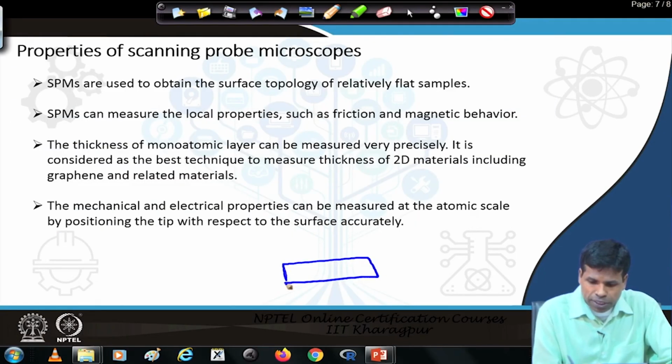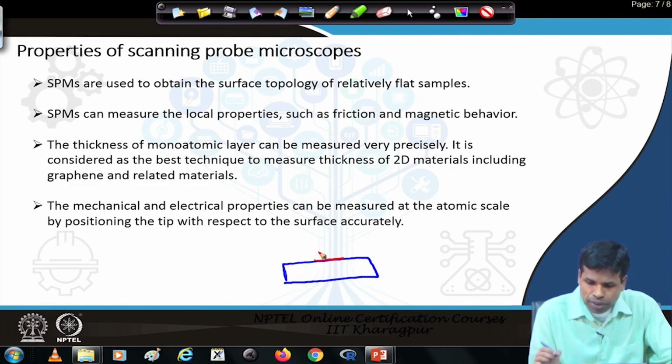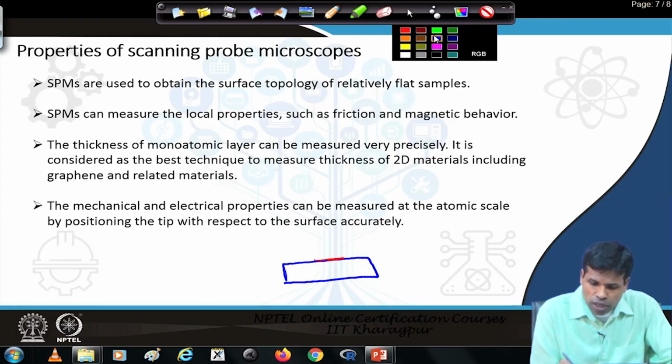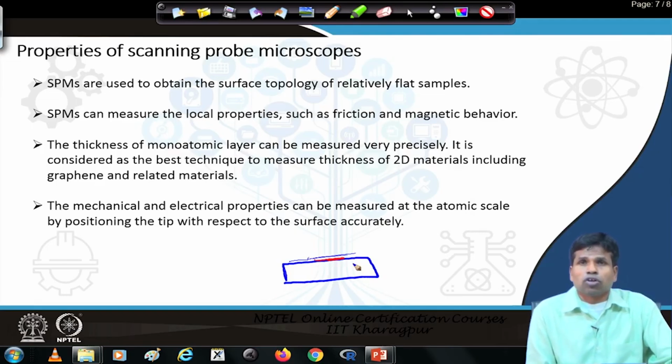if on the specimen there is a single monoatomic layer present, then the tip will go slowly above it and find the monoatomic layer, and when it finds it, it will go a little up, giving the thickness of the monoatomic layer.